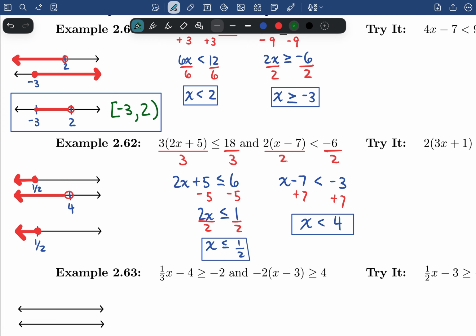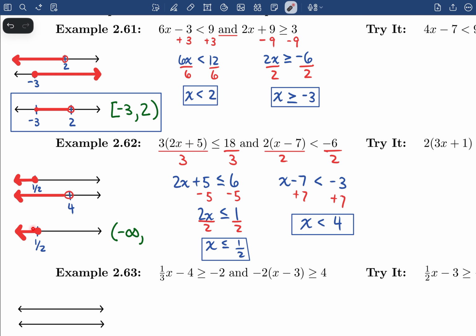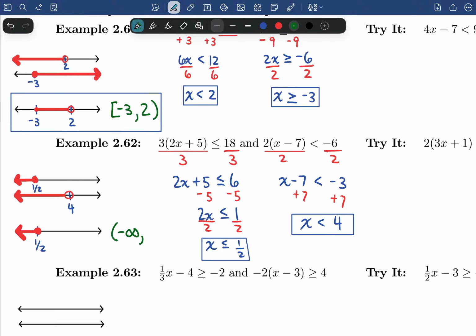So it starts at negative infinity. Remember, we write interval notation from left to right on the number line. I'm looking at the number line here from left to right, and we're starting at negative infinity, and we go to 1/2, and it's a closed dot, so I put a bracket at 1/2. There you go. So this is my solution to the compound inequality right here.